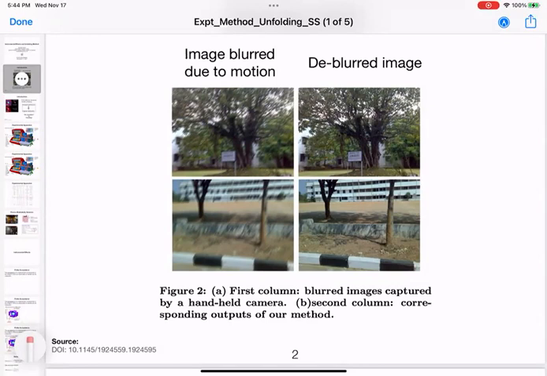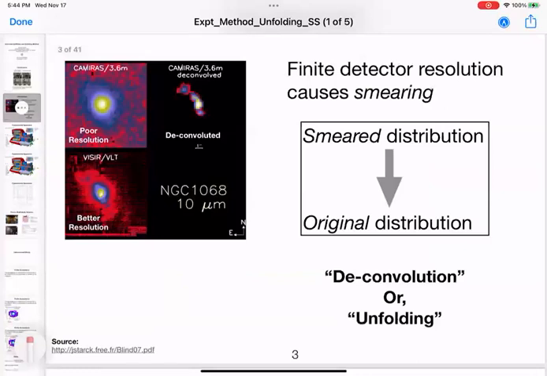There are also other ways you can do it. In physics, like in astrophysics, we also have a similar kind of problem. When we take a picture of galaxies, like shown here on the top left, this is a picture of the galaxy NGC 1068 taken with a camera or a telescope which has a very poor resolution.